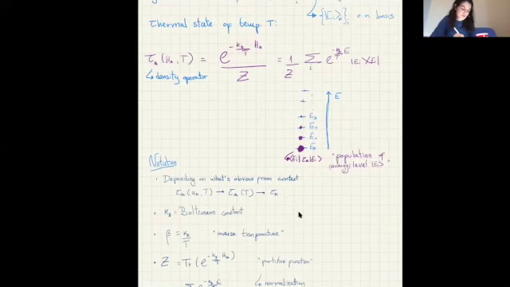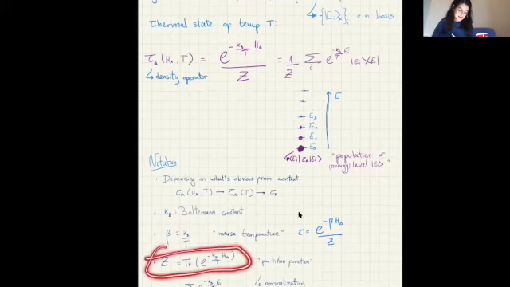Sometimes one tries to omit the constant completely by defining this new variable beta, which is 1 over k_B T, which you call the inverse temperature, and then you get tau_A is e^(-beta H_A) divided by Z. Now, this Z is just a normalization factor.